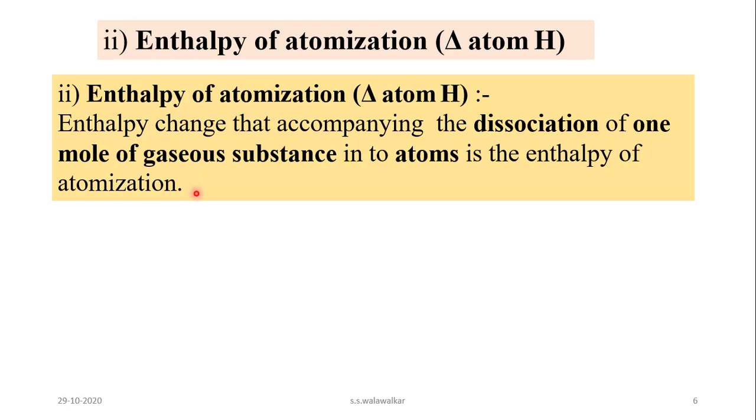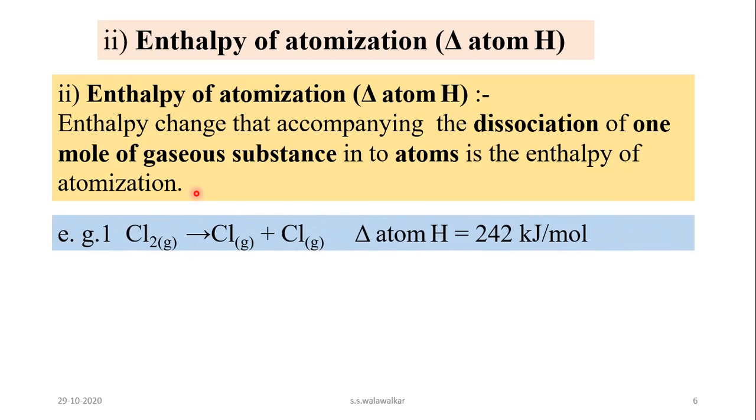For example, see here the chlorine molecule. When it dissociates, it gives 2 chlorine atoms, and the enthalpy of atomization of the chlorine molecule is 242 kilojoules, as it contains only one single chlorine bond.